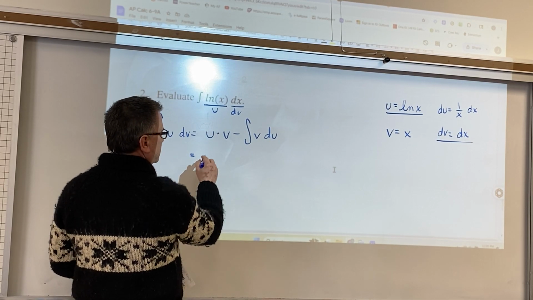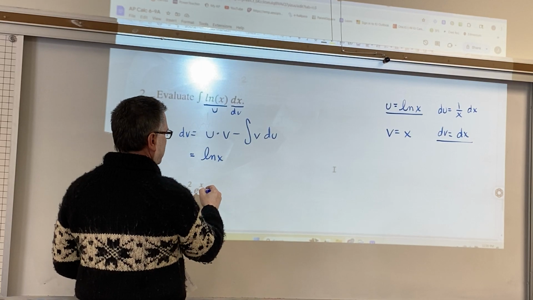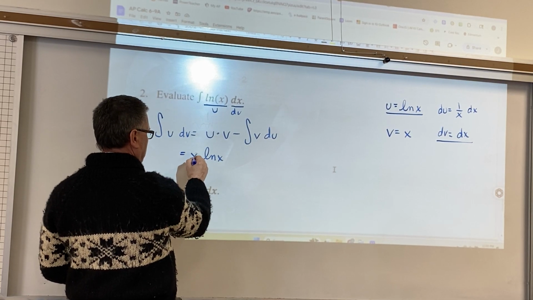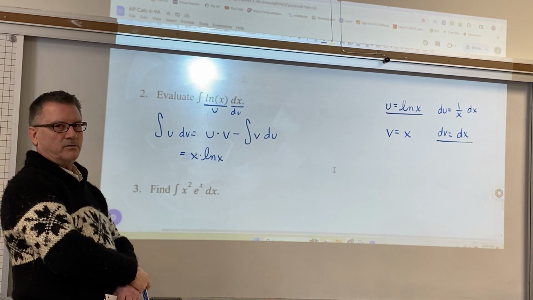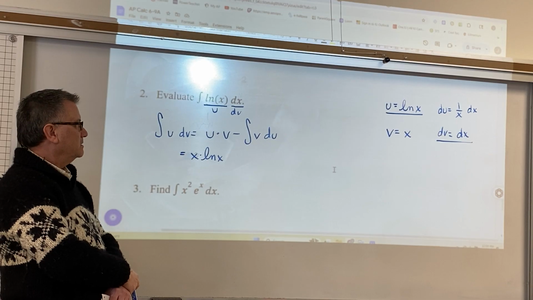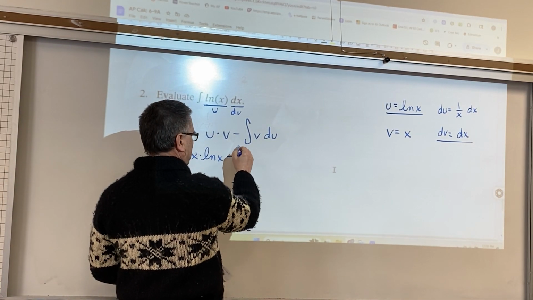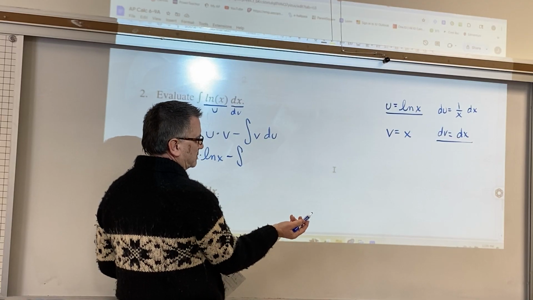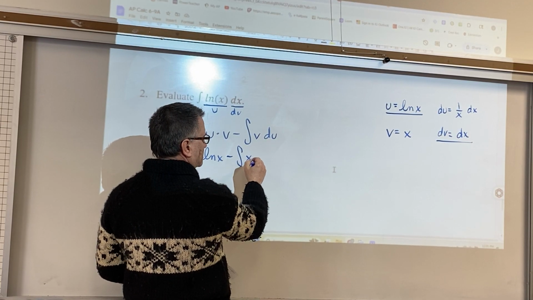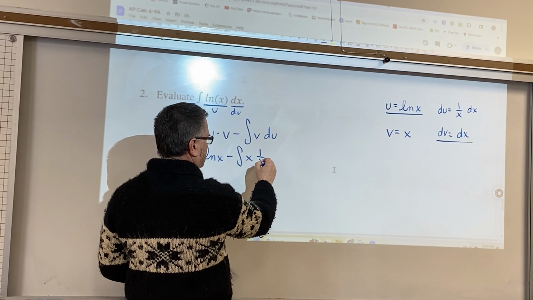Let's see, u is the natural log of x. v is x. Is it okay if I put that up front? Otherwise it looks like the natural log of x squared. So I'll put the v up front. Minus the integral. Here's where I really have to take the integral of v is x, and du is 1 over x dx.